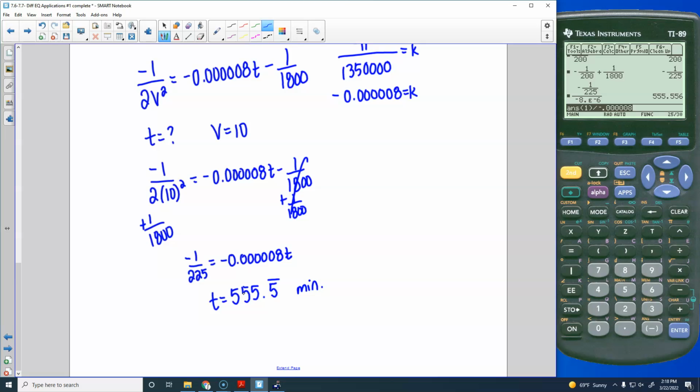Okay, questions? If it says indicate units of measure, that almost always means there's going to be a unit point somewhere. Sometimes it's just on that specific part.